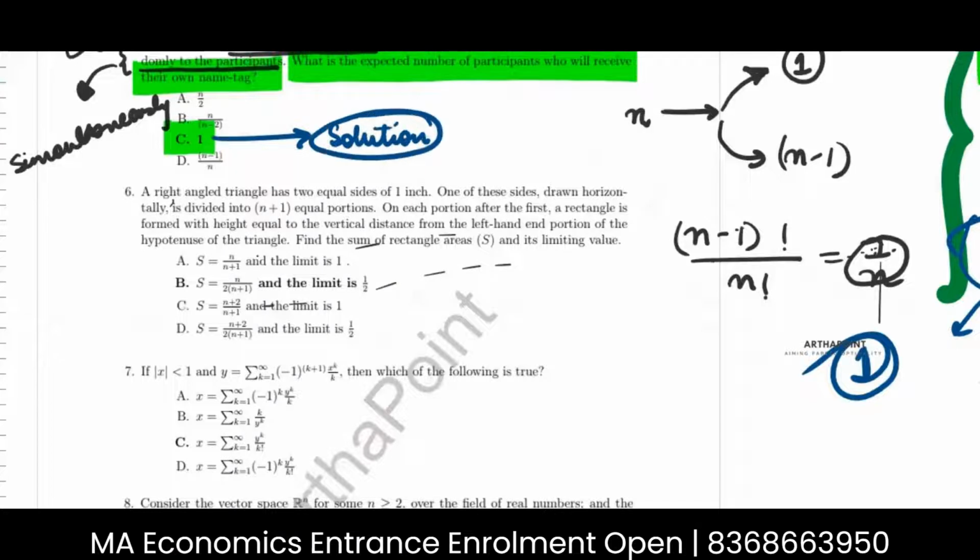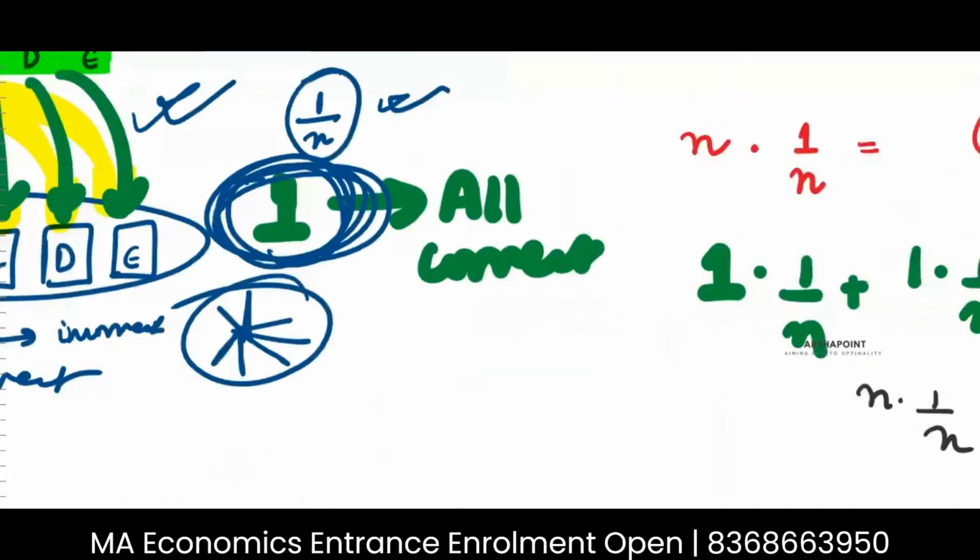The solution is that the expectation is 1, that is, the expected number of persons who will get a correct name tag is 1. This is actually an example of linearity of expectation, with Bernoulli variables, right? So there are different ways in which people go ahead and prove this question.